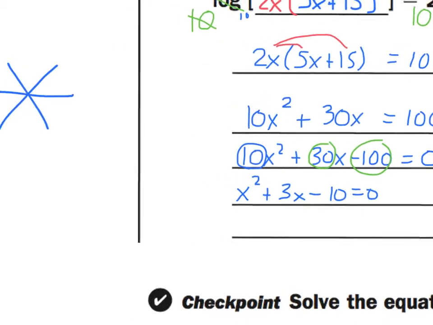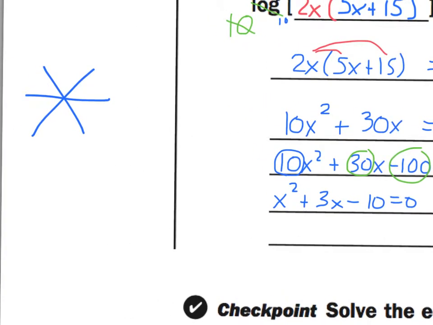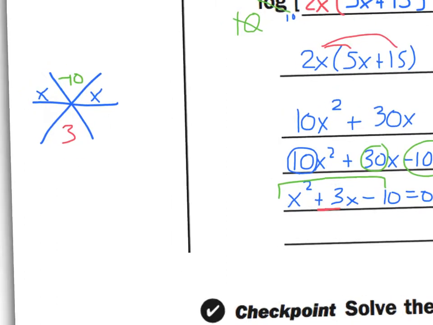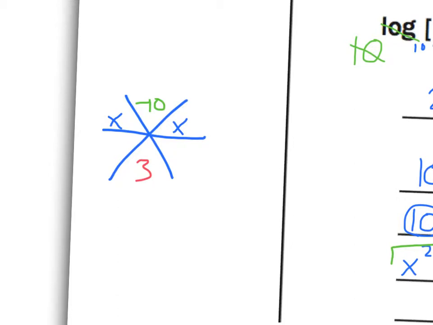Now I'm going to factor that using my Snowflake method. Remember, the Snowflake method says this. I'm going to take my a times my c, so I put a negative 10 there, and I'm going to put my b on the bottom, and I can put my ax on top, so 1x and 1x. So I find two numbers that multiply to a negative 10 and add to a 3. Again, finding the factors of negative 10 that add to positive 3. And we end up seeing that we can get a 5 and a negative 2.